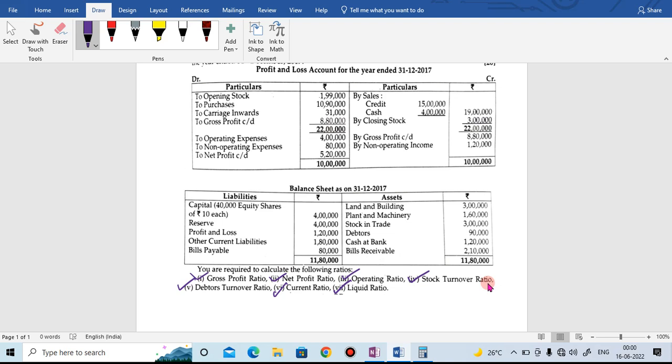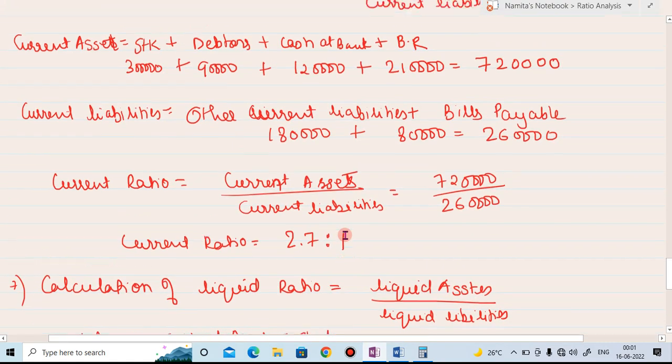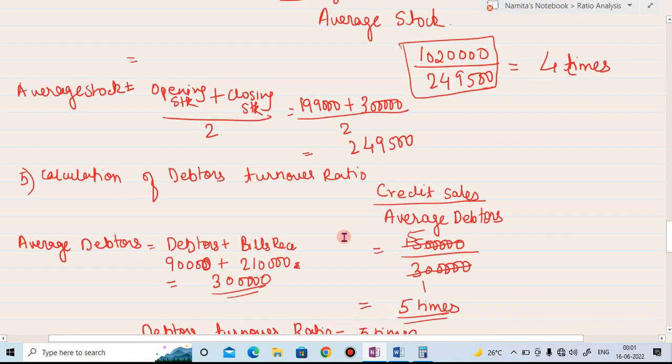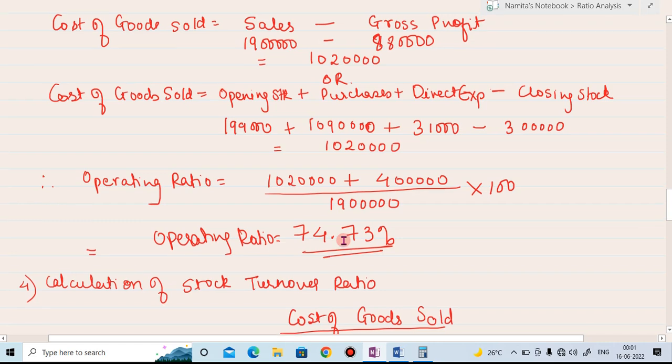Stock turnover ratio is 4 times. Debtors turnover is 5 times. And current ratio is equal to 2.77 is to 1. And liquid ratio is 1.61 is to 1. I hope you have understood how to calculate the given ratios which are asked in university question papers.